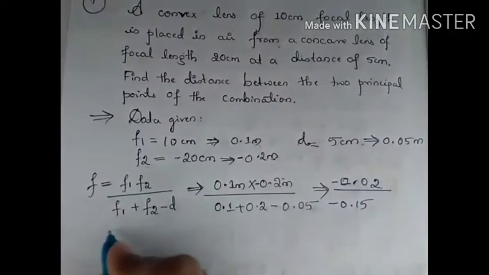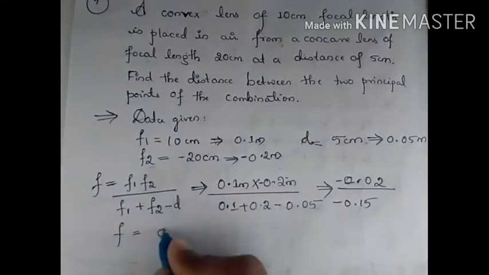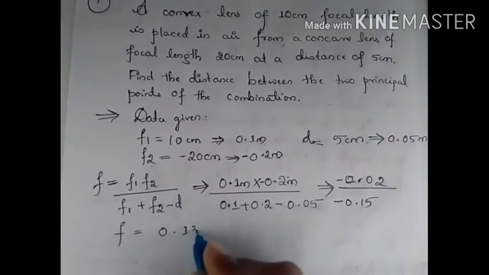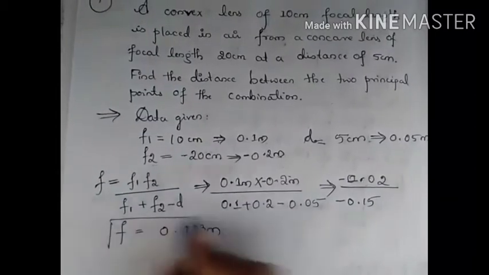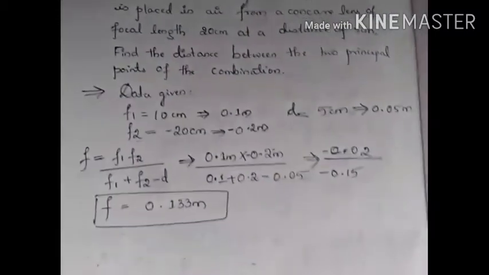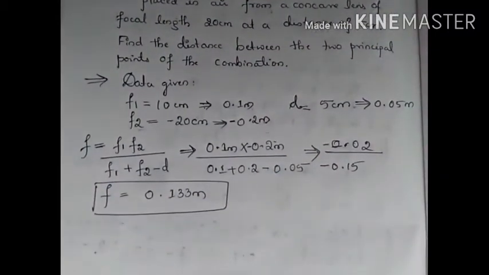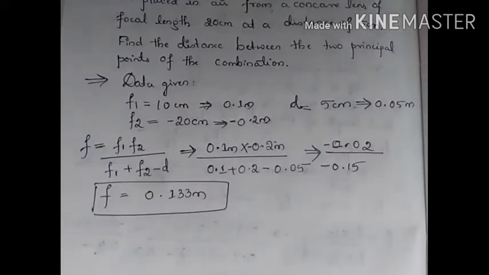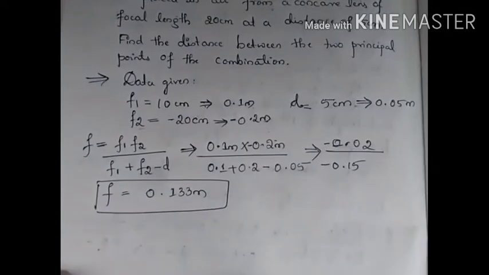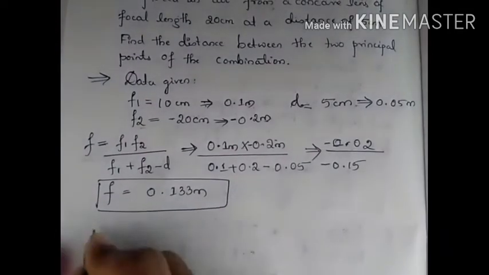So F is equal to 0.133 meters. So the equivalent focal length of the system, which consists of two different lenses, concave and convex, came around 0.133 meters. Now you have to find alpha 1 and alpha 2.